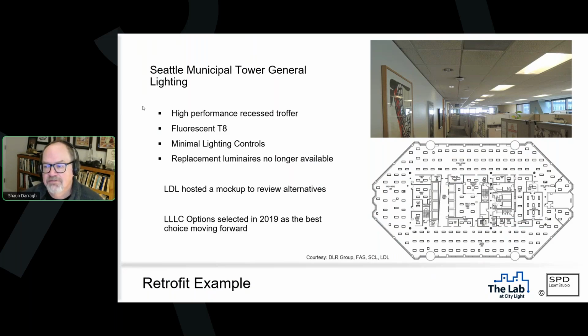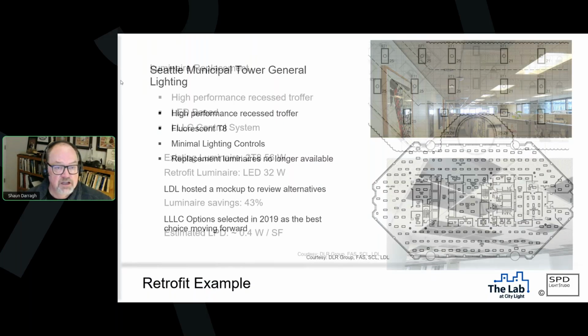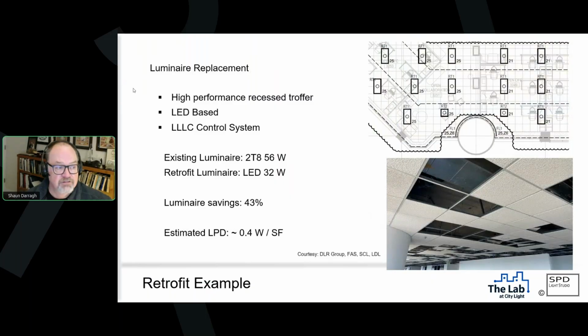But the replacement luminaires are no longer available. So we hosted a mock-up review in 2019 at the Lighting Design Lab, and we selected a luminaire that we all chose was the correct one, and we assumed that we would use, again, luminaire level lighting control. So basically, every light fixture has its own sensors, every light fixture is dimmable, and so forth.